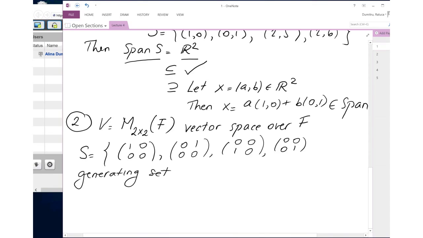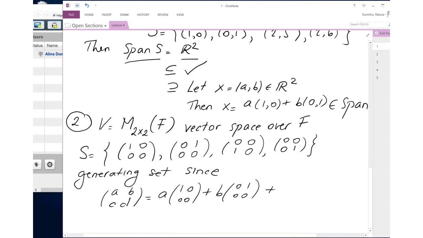And again, this is going to be the best possible choice in the sense that it will represent a basis. But I'm allowed at this level to just add more matrices into that set that I'm not going to use. So it's going to be a generating set since an arbitrary matrix A, B, C, D, 2 by 2 over F is just A times the first matrix plus B times the second plus C times the third and plus D times the last matrix.